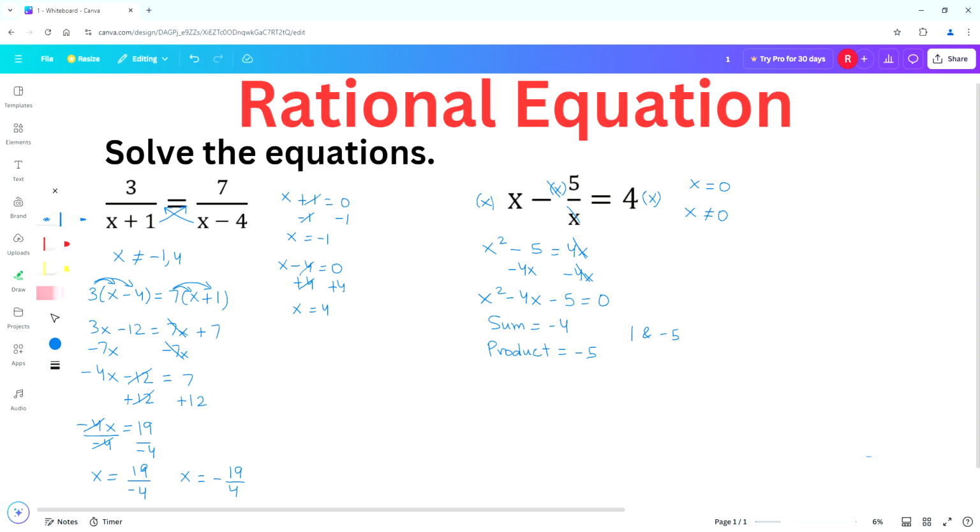Now we can write the equation in factored form. Now we can analyze the two cases by setting each factor equal to 0 and solving for x.